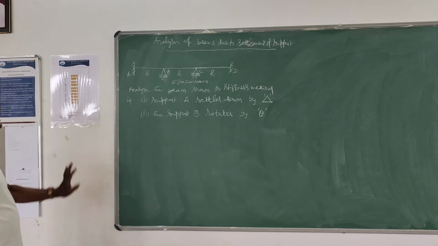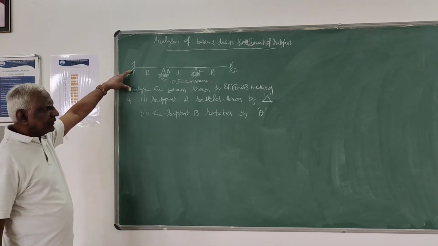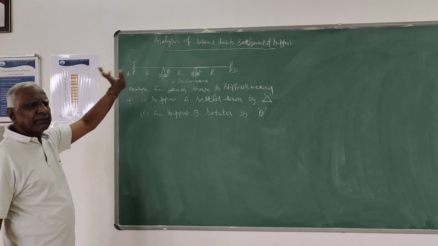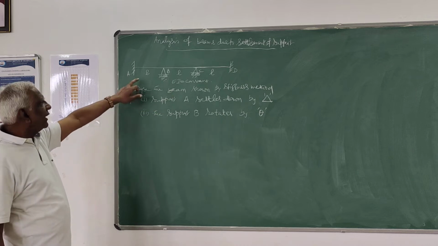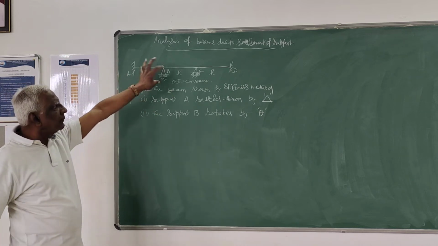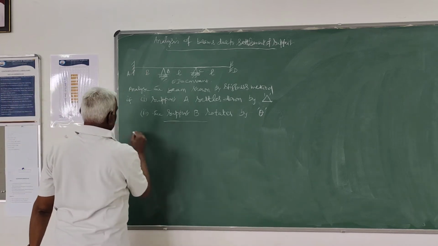So you can analyze this particular continuous beam. If this left-hand support settles down by amount delta, may be anything, I am taking a general value. Span also I am taking generally L, and support B rotates by theta. So we will work out this problem.